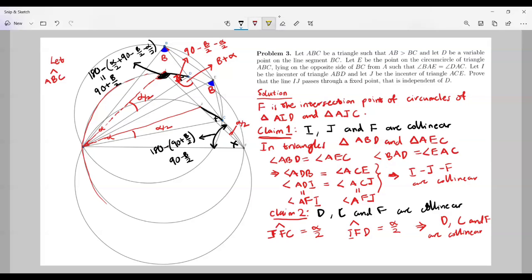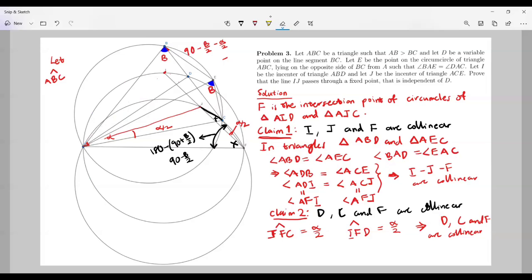In fact, since this angle here is 90 minus B over 2, okay, let me just do some erasing. Okay, yeah, back. So it means since this angle here is 90 minus B over 2, we can quickly get this angle here to be also 90 minus B over 2.